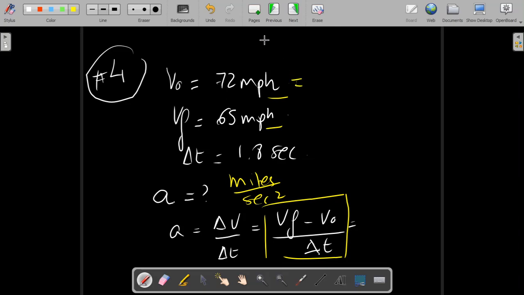You open your factor label method. I'm going to go back to yellow. And if you already know how many seconds are in an hour, I'm going to tell you because you're going to have to use this in the future. You have 3,600 seconds in 1 hour.